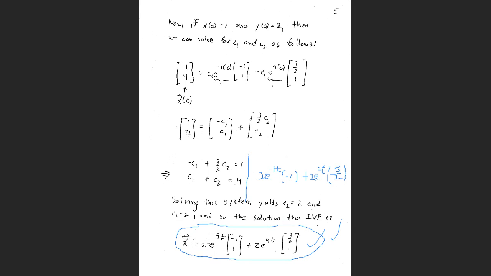The second component would be 2 times e to the negative 1t times something plus 2 times e to the 4t times something.